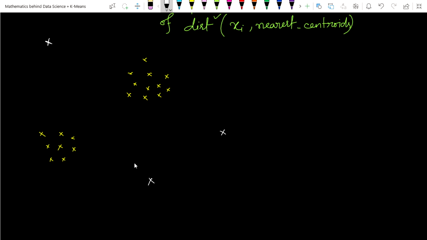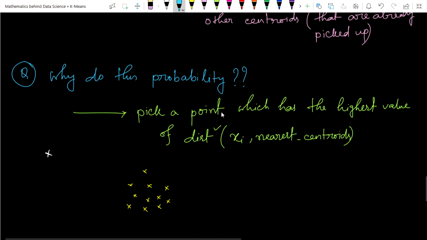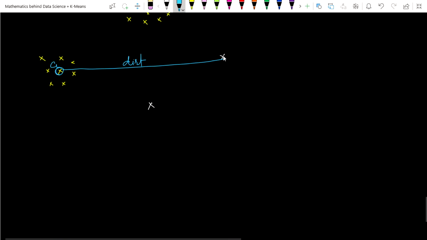But the main problem is if you take the distance approach. Suppose we first picked this point randomly as our centroid one, and we computed the distances from the rest of the points. Then you can see that these are the farthest distances. Now, if we take the deterministic approach, meaning the highest value of the distance square, then this point will be picked as the next centroid.